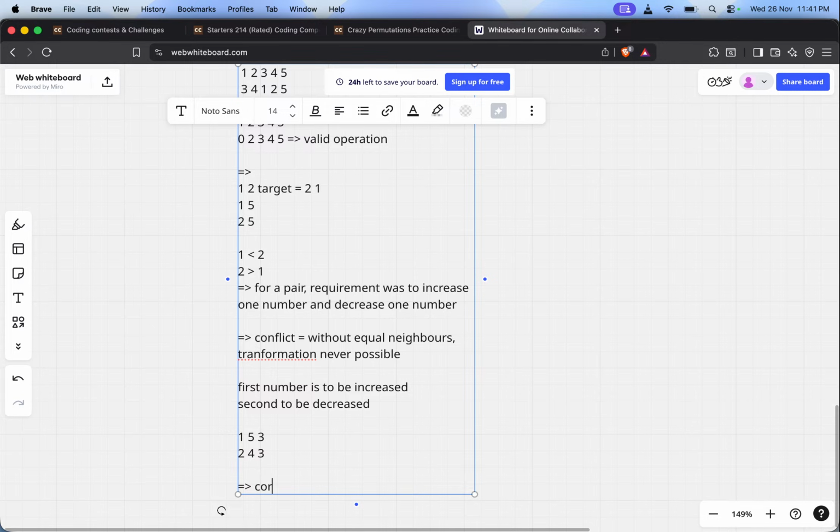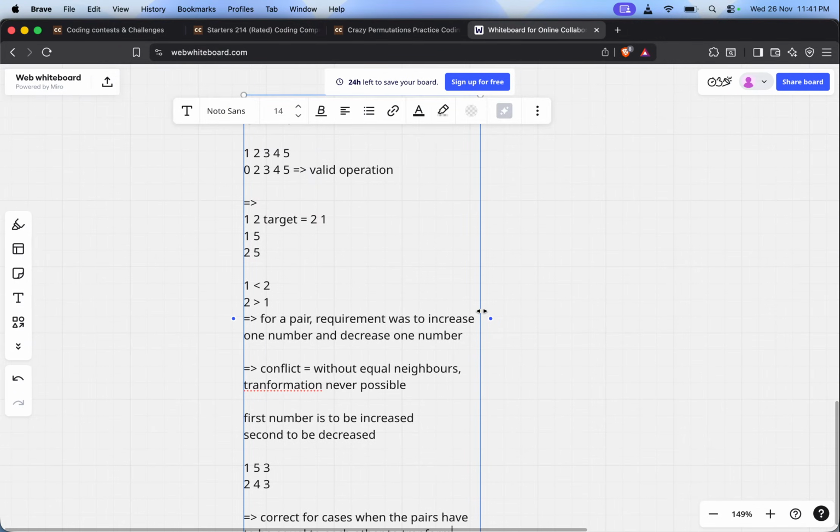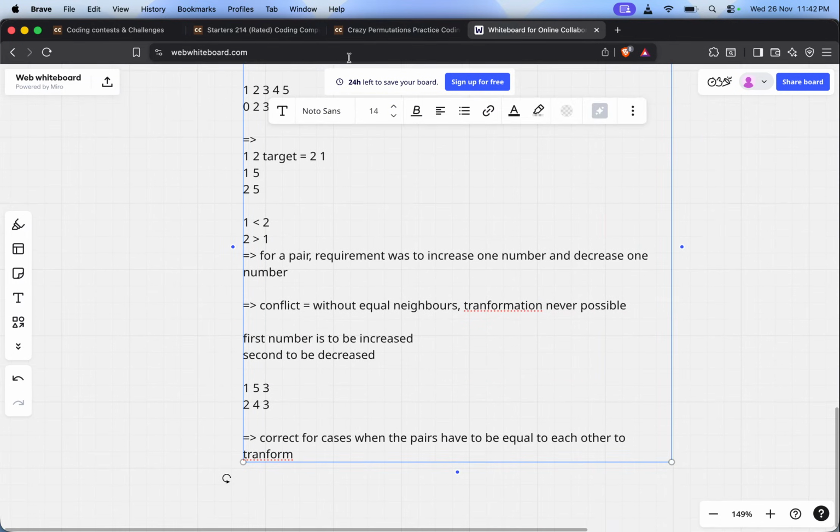It is correct for cases when the pair elements have to become equal to each other to transform. Alright, so let's just implement this condition in our code.